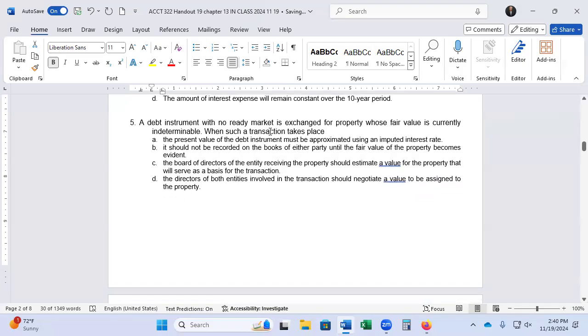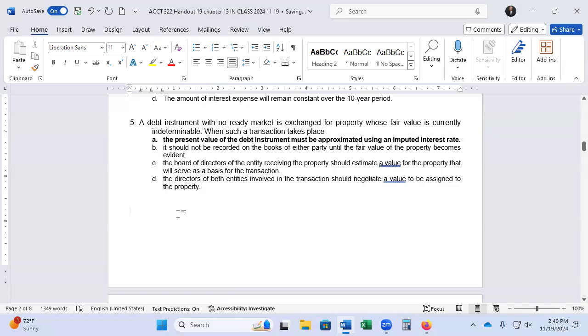The debt instrument with no ready market is exchanged for property whose fair value is currently indeterminable. So we're swapping something and we don't have a fair value for either of those. And so what we have to do is take the present value of the debt instrument using an imputed interest rate.